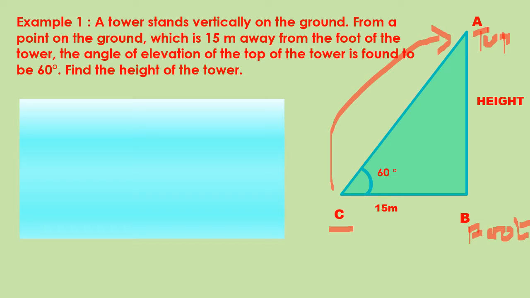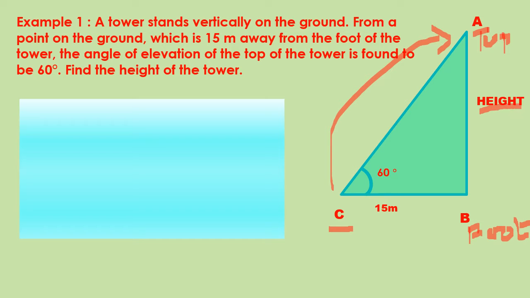So here you can see that angle ACB is 60 degrees, where AC is the line of elevation from the horizontal. So we will find the height of the tower.